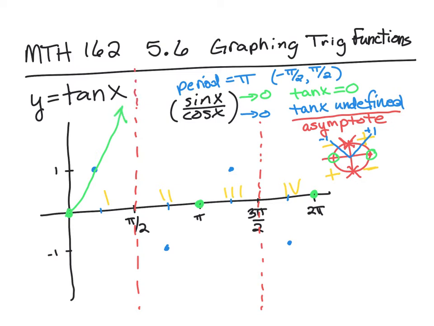We know it's always positive in that quadrant. In quadrant 2, we know the tangent is always negative. So in this quadrant, all my y values are down here, and I have to approach the asymptote, pass through the point. Kind of looks like a cubic.